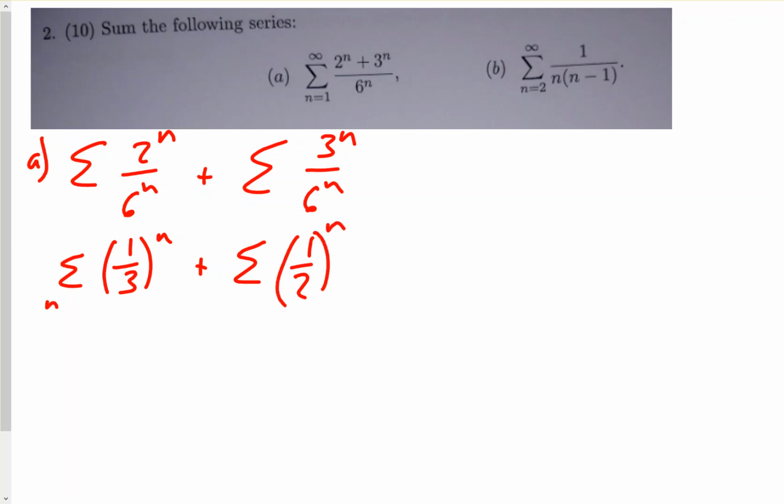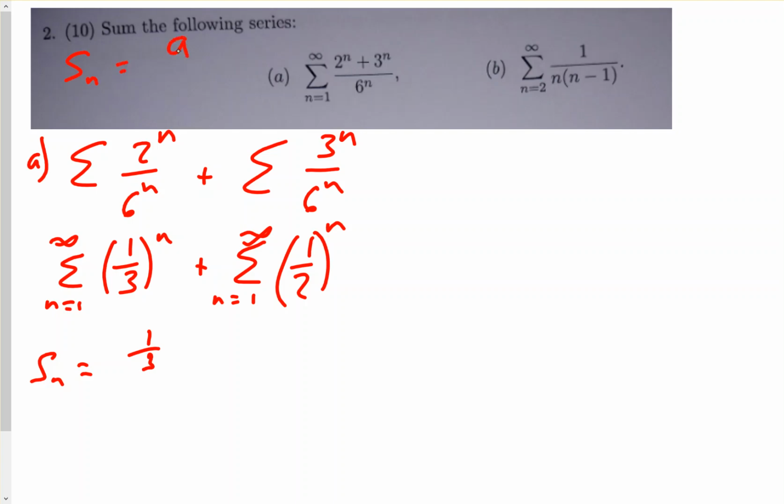Okay, so we have n equal 1 to infinity. And so we could find the sum of each of these geometric series. When n equals 1, the first term would be 1/3. Okay, so remember your rule for geometric sum, right?